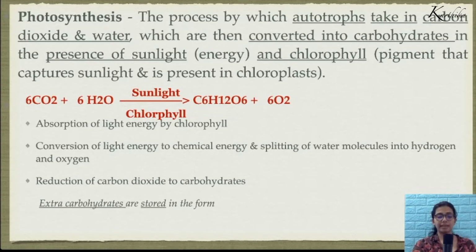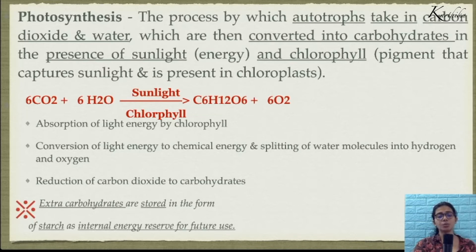Another fact that we need to remember as a foundation for this class is that extra carbohydrates are stored in the form of starch inside the plant cells, as an internal energy reserve for future use.